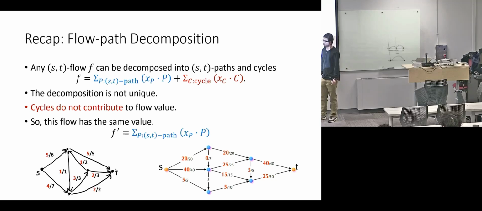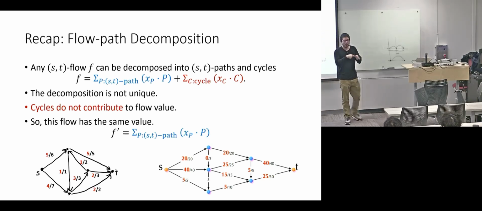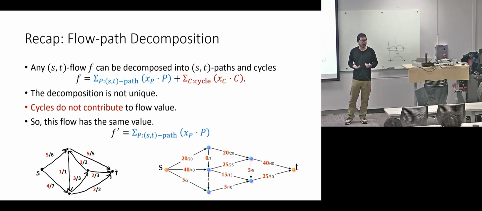Good. Okay. And note that this decomposition might not be unique, because when you do DFS, for example, you might find a different set of paths. And by the way, note again that the cycles that add up to your flow do not contribute to the flow value at all. Only the paths contribute to the flow value.